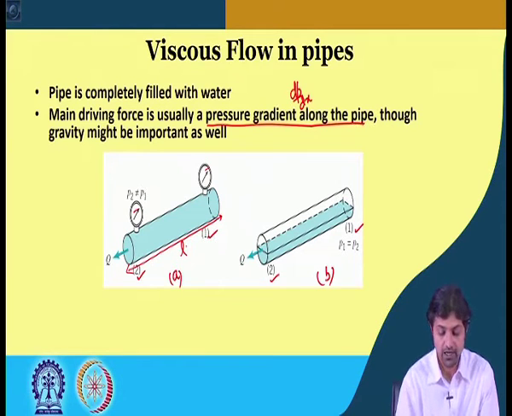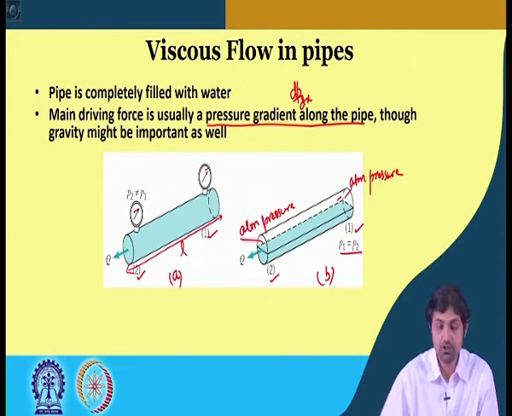And in the second case the pipe is not completely filled with water, and if it is open, here also the atmospheric pressure will be there, and here also atmospheric pressure will be there, and P1 will be equal to P2.